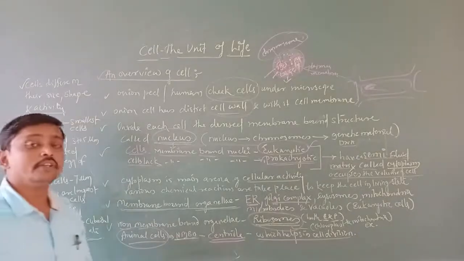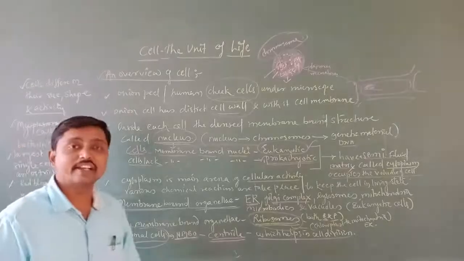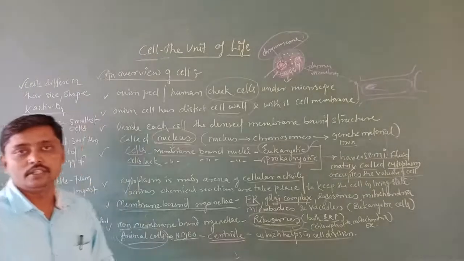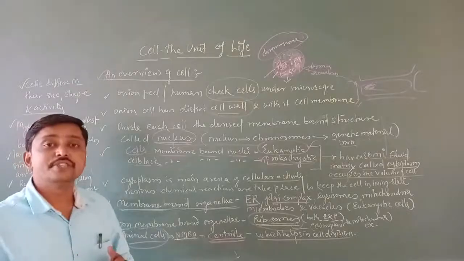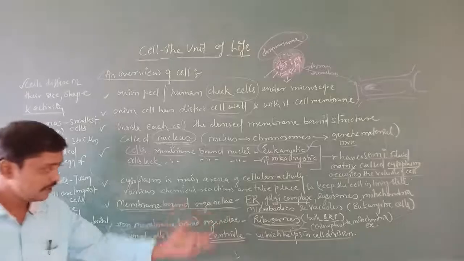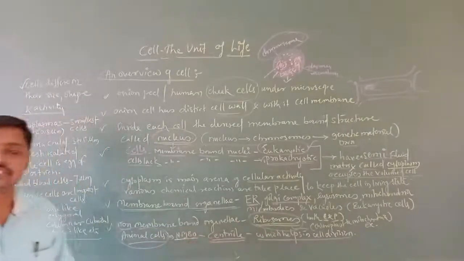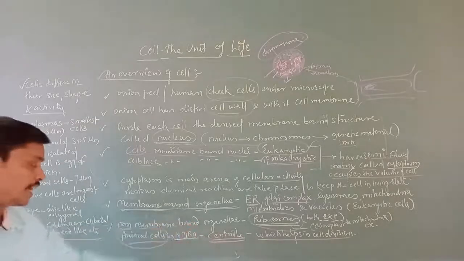As we studied in an earlier class, a new cell is formed from a pre-existing cell by cell division, and during that cell division these centrioles help. Understood? And these centrioles are non-membrane bound organelles.